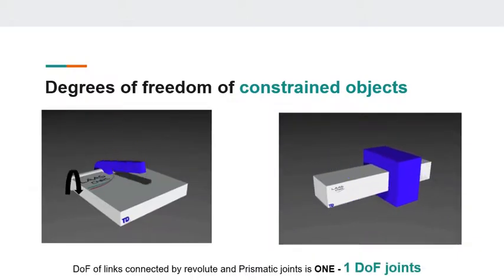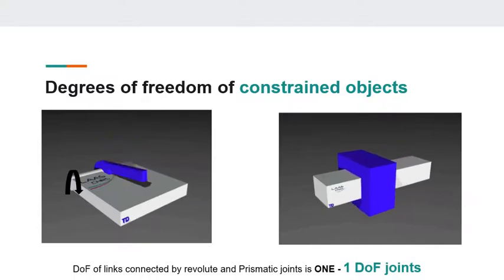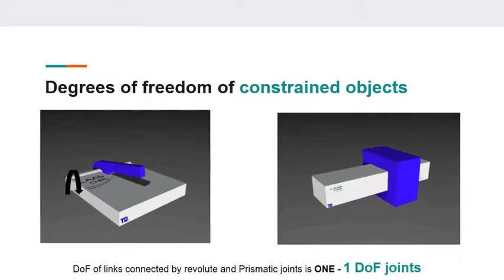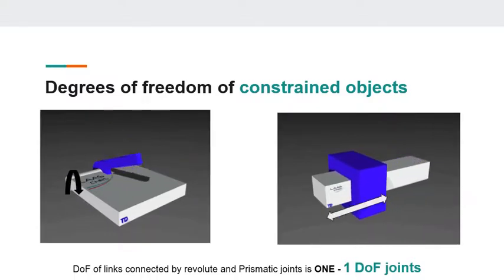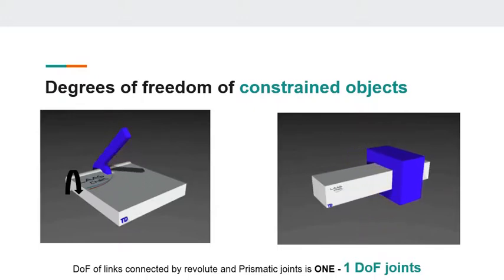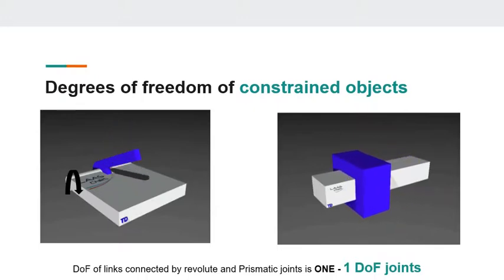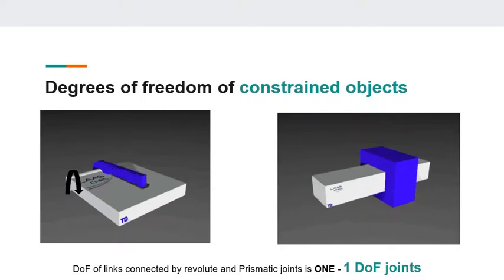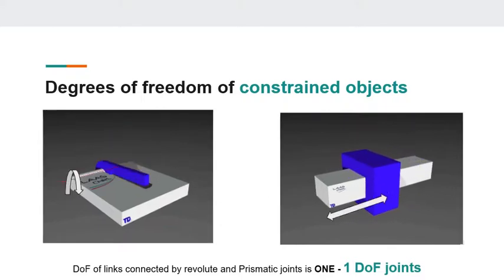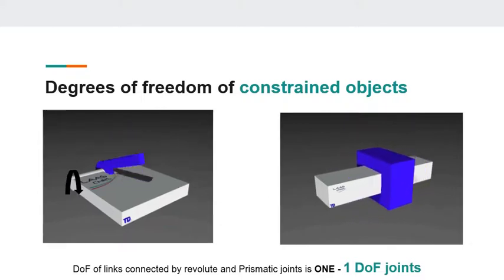If the white links of the two joints are fixed, then in the revolute joint, the other link could just make a rotation about an axis as shown in the animation. Whereas the link connected by the prismatic joint translates along an axis.